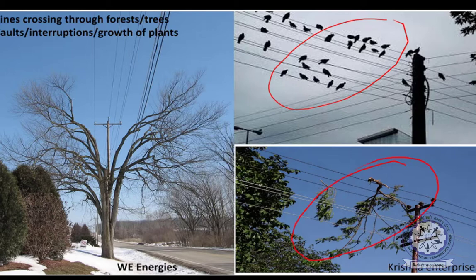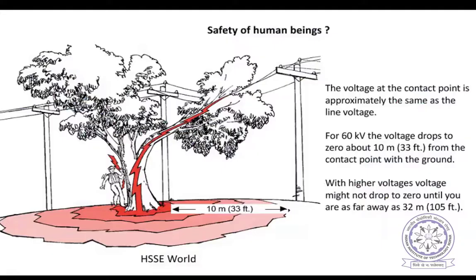As for the safety of human beings or animals or living beings, when a tree is touching a line, there will be a conducting path like this to the ground. So what will be the potential at this touch point? Just think over what the potential will be.